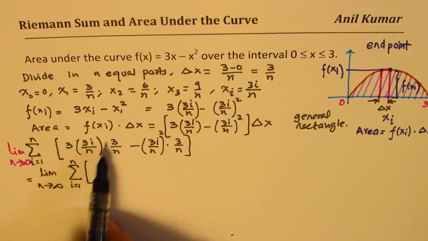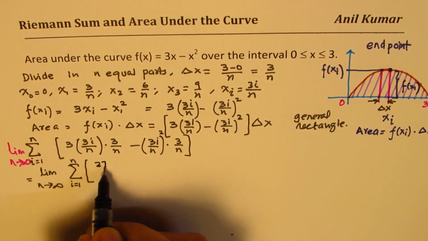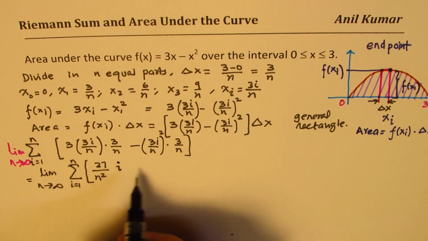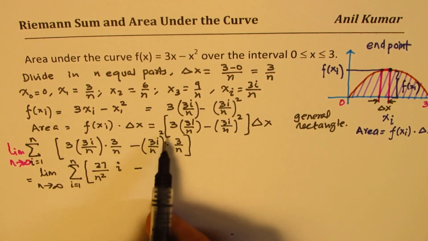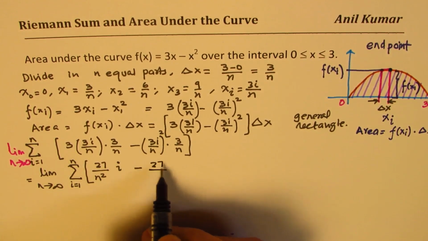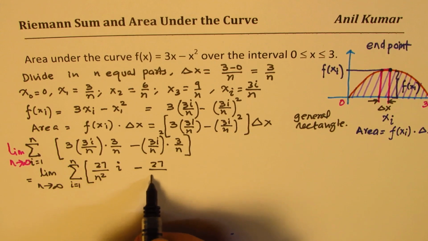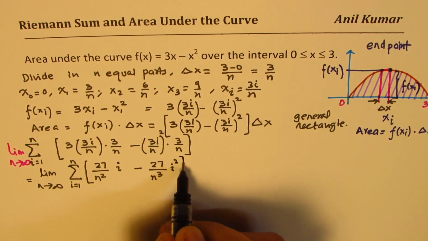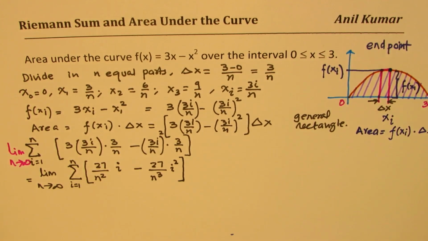So they are 3 times 3 times 3, which is 27 over n square. And what we get here is i minus. In this case, square 3 is 9, 9 times 3 is again 27, and square and n means n cube. And we have i square here. So this is the expression which we get now to work with.